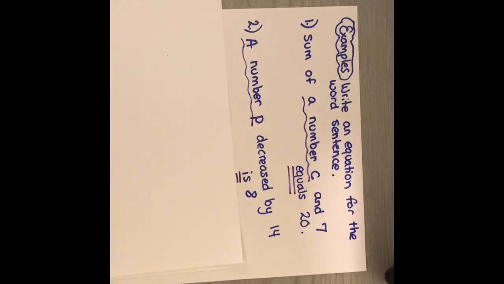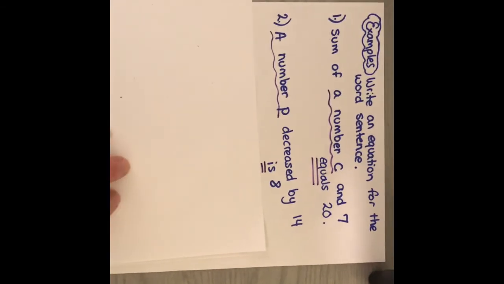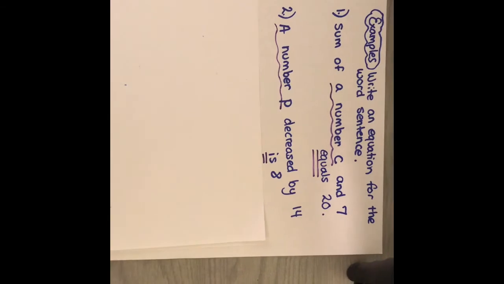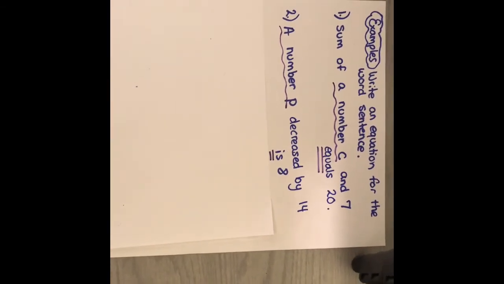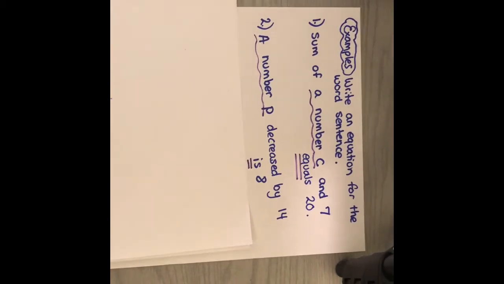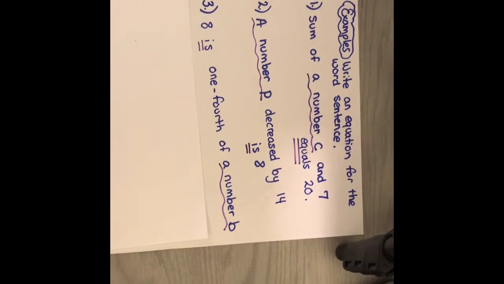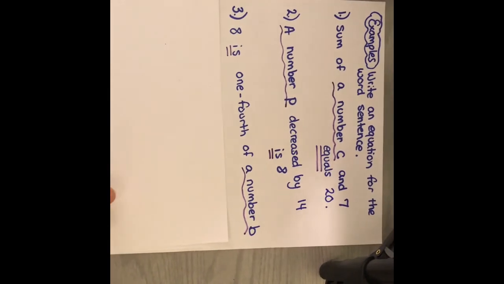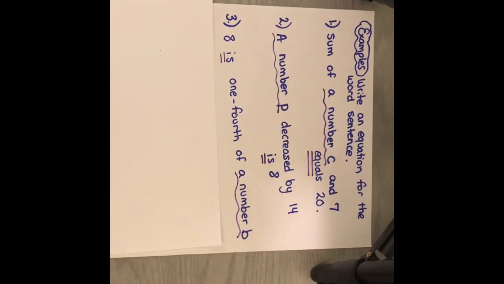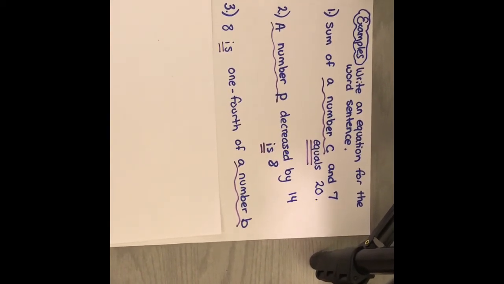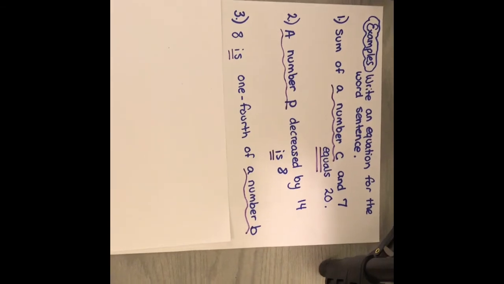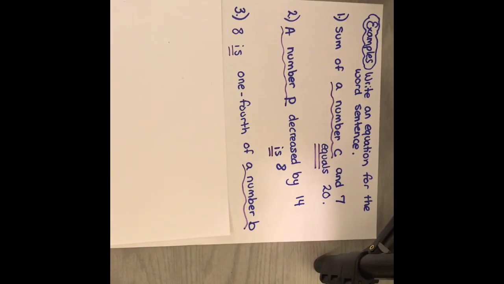Okay, so the next one I want you to try is this one. A number p decreased by 14 is 8. See if you can write an equation for that one. Next one. 8 is 1/4 of a number b. That one does contain a fraction.